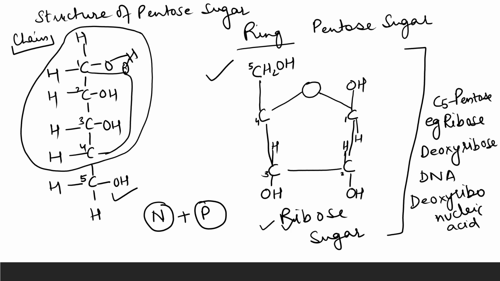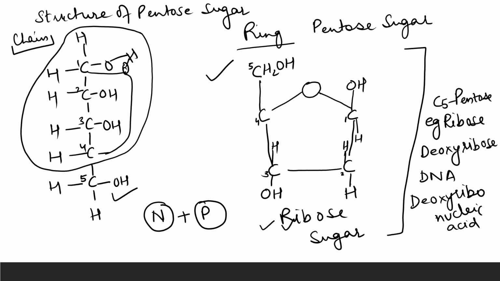We will remove the oxygen from this C2 carbon, and it will become deoxyribose. So let's remove the oxygen from carbon number 2. Only H will remain here. Now this structure is known as a deoxyribose sugar.